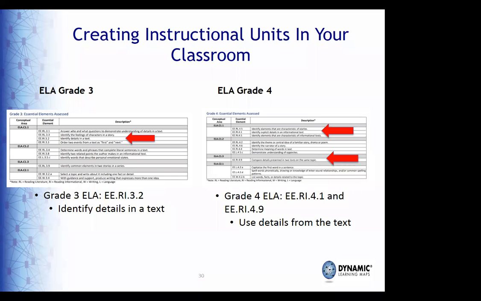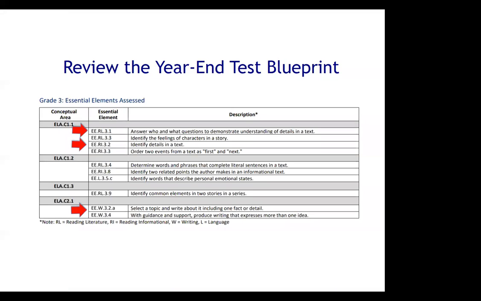You can be providing instruction on the same conceptual area and then differentiating your instruction for a grade 4 essential element and a grade 3 essential element, as the students are working. So you just want to make sure you're familiar with the blueprints before you start using the instructionally embedded assessment. And once it's set up and you've chosen your essential elements, then you'll be ready to go.